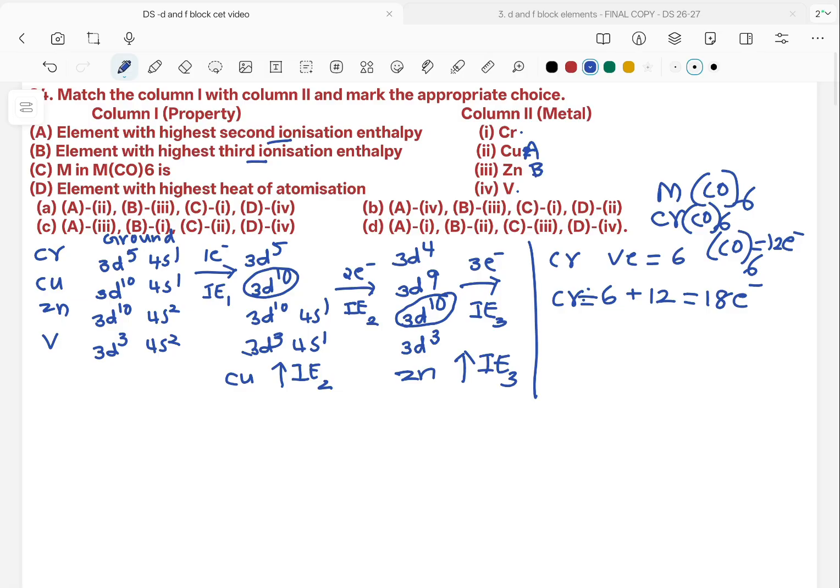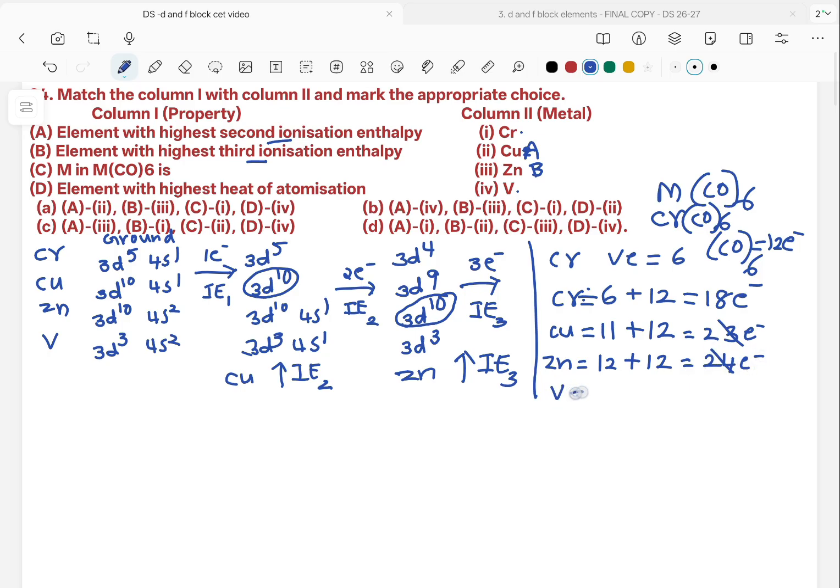If we check for copper, copper has 11 valence electrons, and when it combines with 12 electrons given by 6 carbonyl ligands, it will be 23 electrons, which is not possible. Whereas zinc has 12 valence electrons, and when it takes 12 electrons from 6 carbonyl ligands, it becomes 24 electrons, which is also not possible.